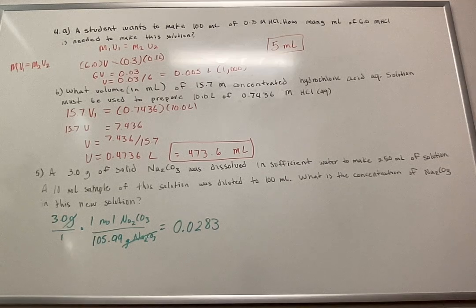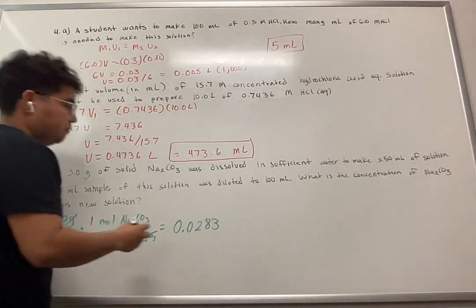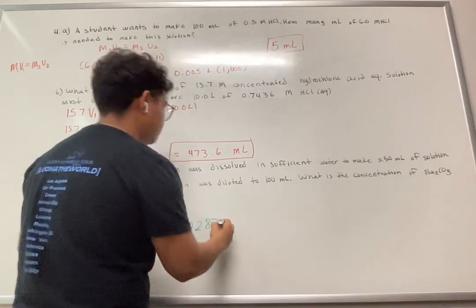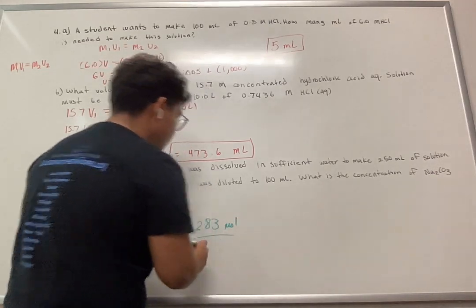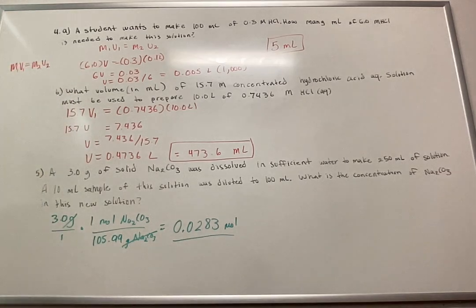Now, that is the number of moles we've got of Na2CO3, over the liters. 250 milliliters, so we need to bring 250 to liters. 250 divided by 1,000 gives us 0.25 liters.